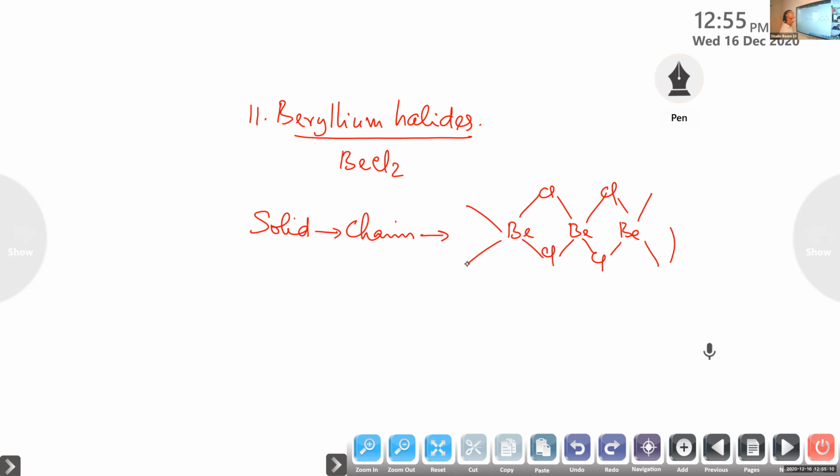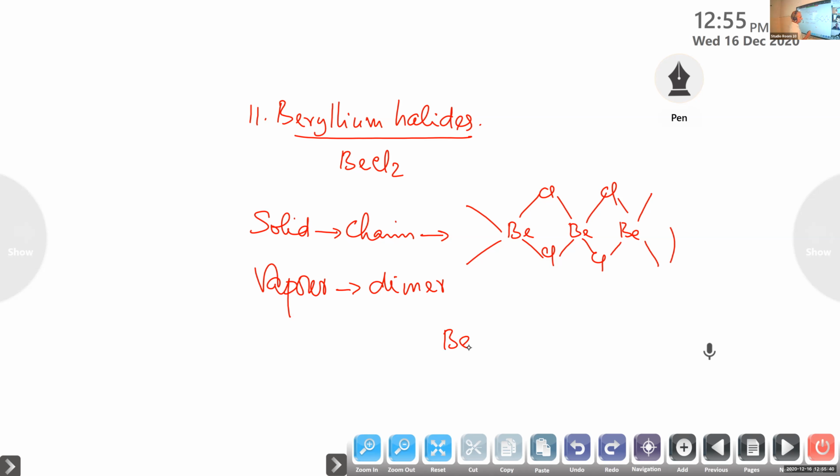Now you heat this. In the vapor phase, some of the bonds are broken. And in the vapor state, beryllium chloride exists as a dimer, that is, BeCl2 twice. And the structure is like this.